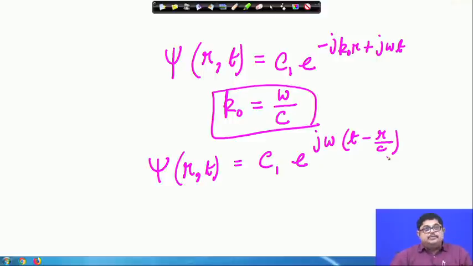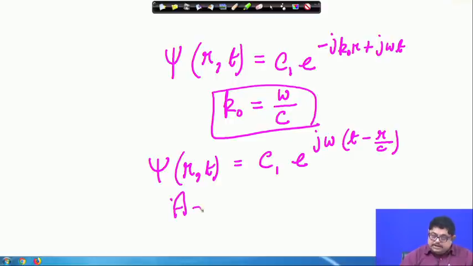So, this phi is called retarded potential, because due to this delay the potential is getting retarded in time. So, this is a wave solution, and here still we have to find the value of C1, that we will do. So, again if we suppress the time variation, we come back.